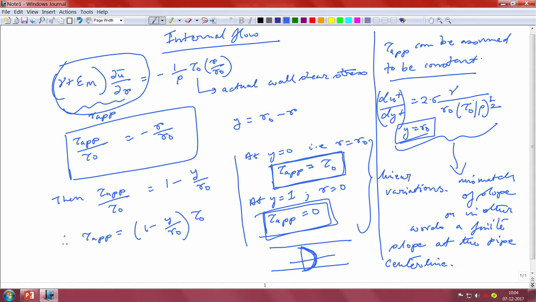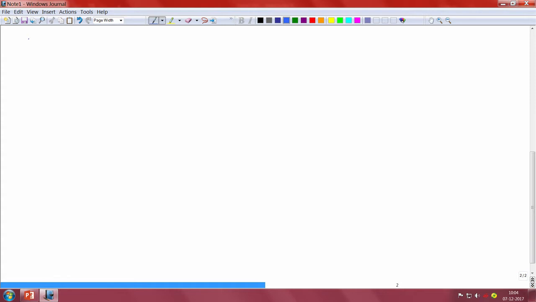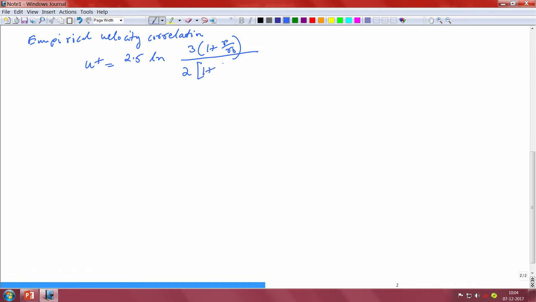This brings about another empirical velocity correlation, which says u plus is equal to 2.5 ln of (3 (1 plus r over r naught) divided by 2 (1 plus 2 (r by r naught) square)) y plus 5.5.